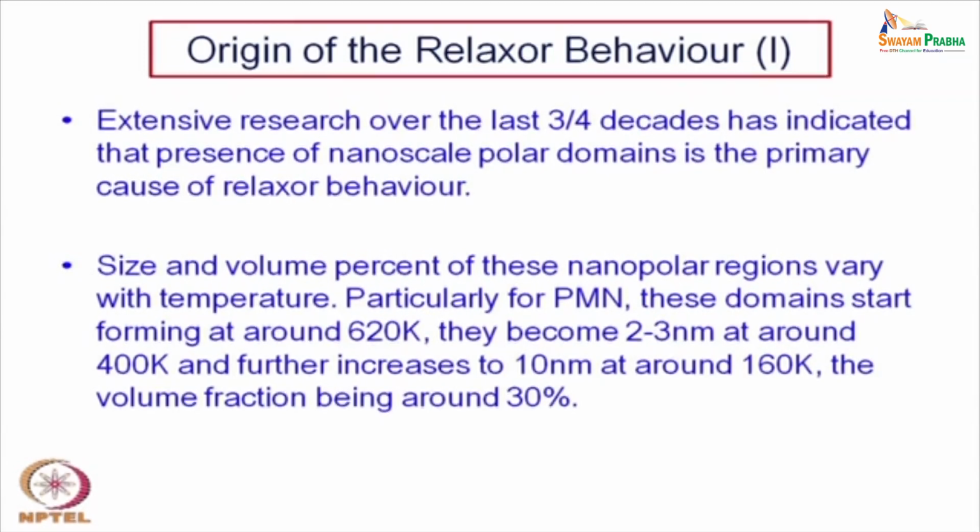That is basically in the paraelectric phase, and when you cool down, around 400 K there is a further increase in the domain size, to around 10 nanometers, formed at around 160 K, with the volume fraction being around 30%. So, 30% of these polar nanostructure domains are formed, having a disordered structure and a distribution of relaxation time, and therefore you have a broad peak.